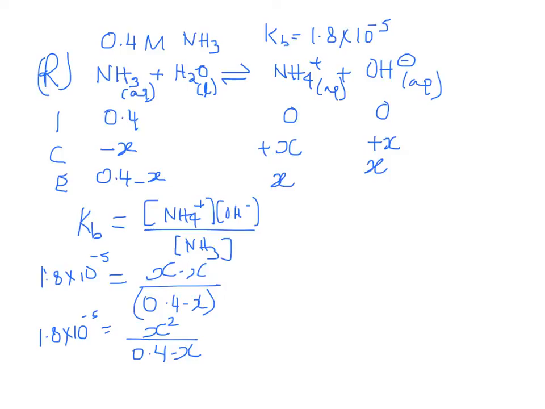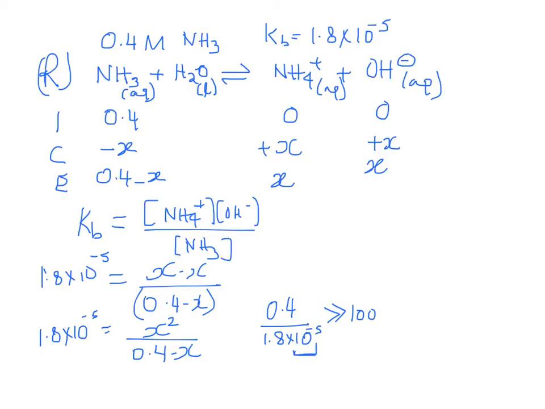For me, what's easiest to follow is that I would look at the concentration, which is 0.4, and I would divide that by the K value, which in this case is 1.8 times 10 to the negative fifth. If that number is close to 100, then you will have to solve the quadratic. But if it is much more than 100, and in this case it would be, you can run the math yourself.